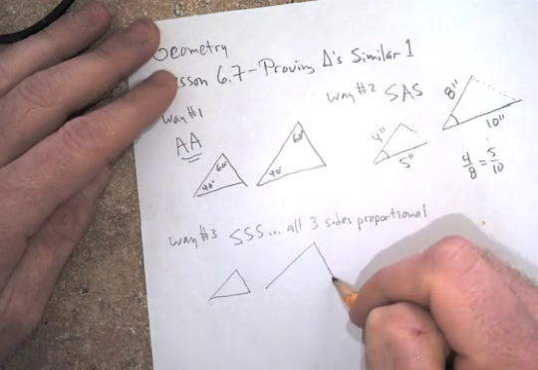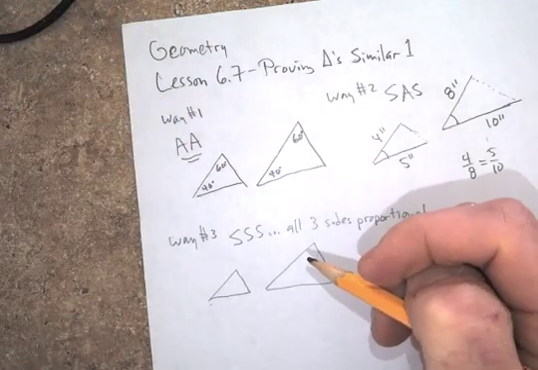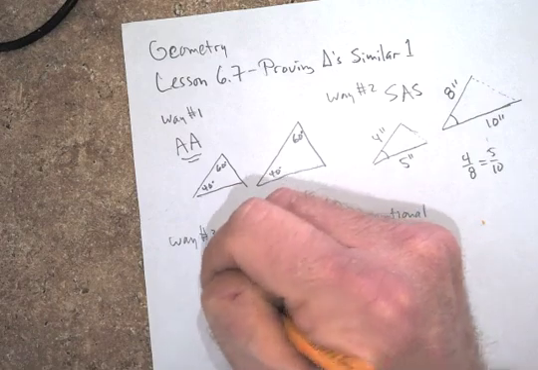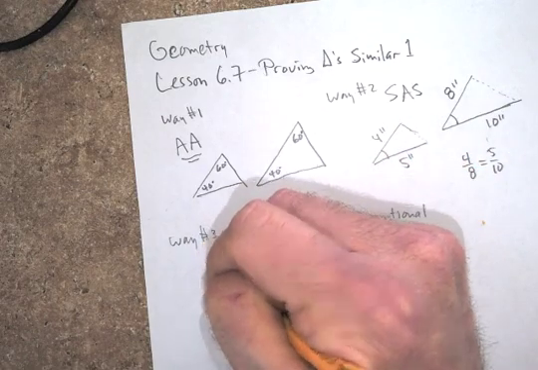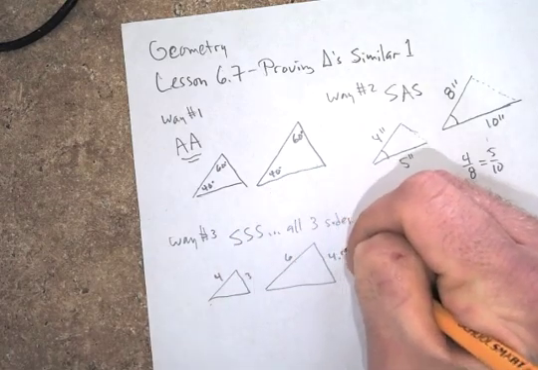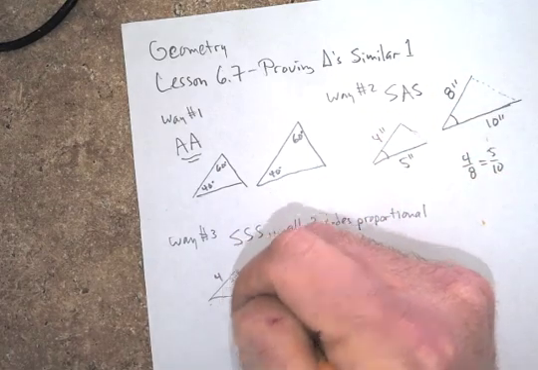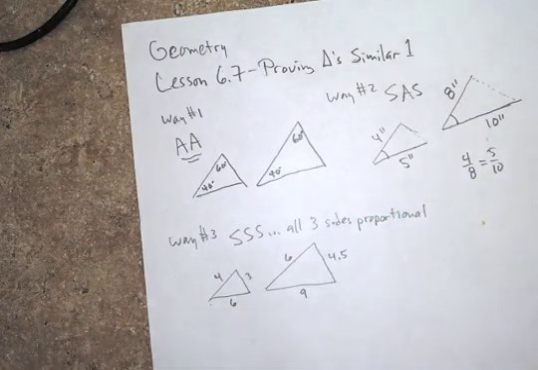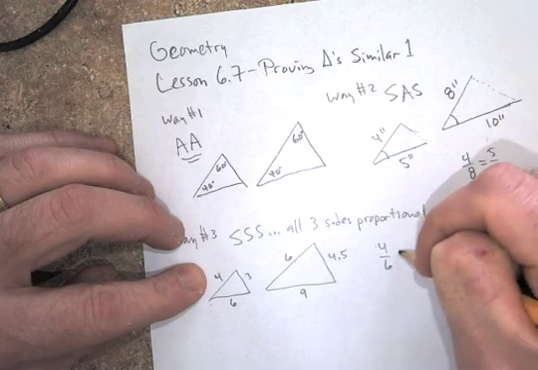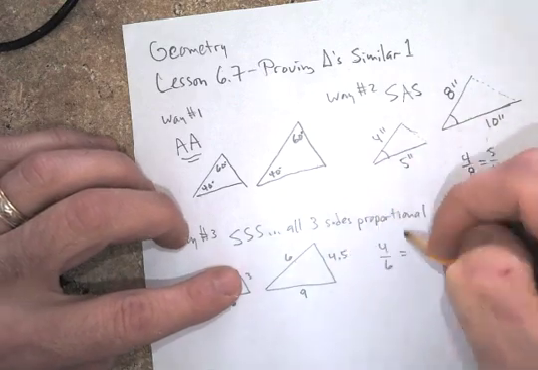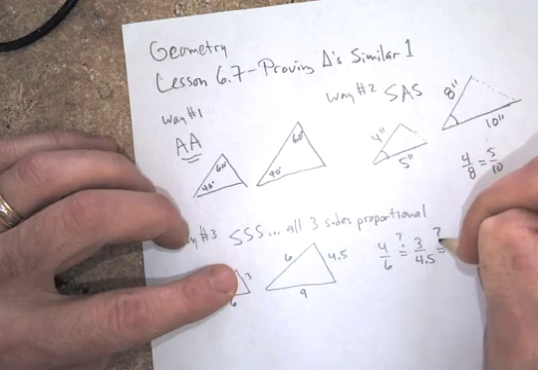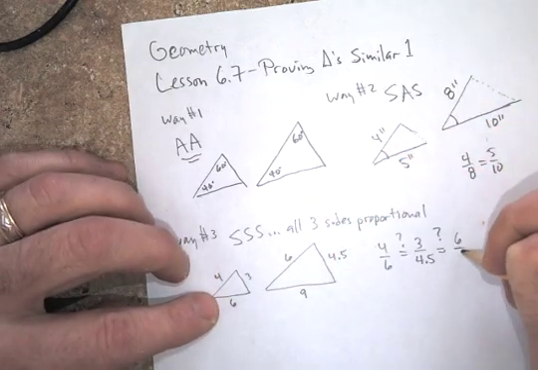Okay, so just a simple example would be, let's just make it double. Let's go 4 and 6, 3 and 4.5, and 6 and 9. Let's check these. 4 over 6, 3 over 4.5, and 6 over 9.